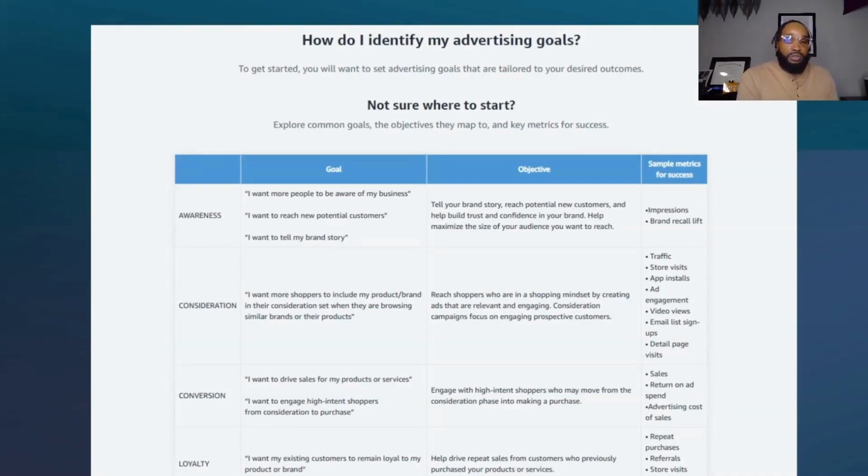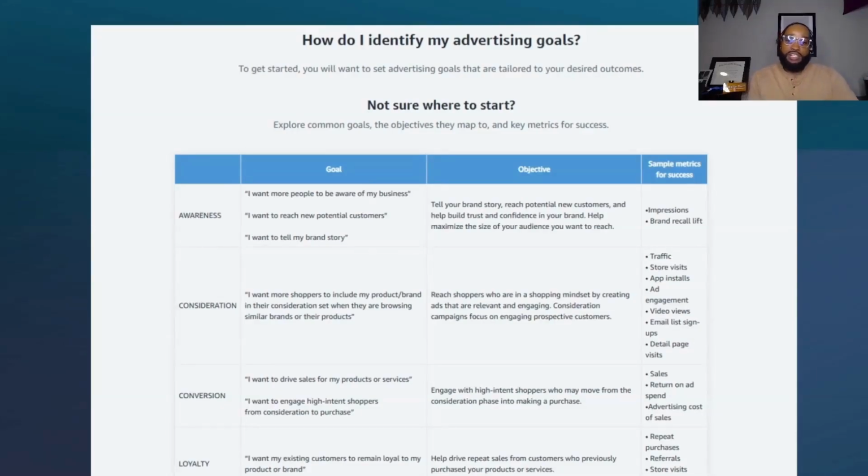The advertising products you use, as well as your goal, should be determined by what it is that you're trying to accomplish. Are you trying to create awareness, consideration? Are you trying to convert? Or are you trying to get repeat purchases? Are you trying to establish brand loyalty?